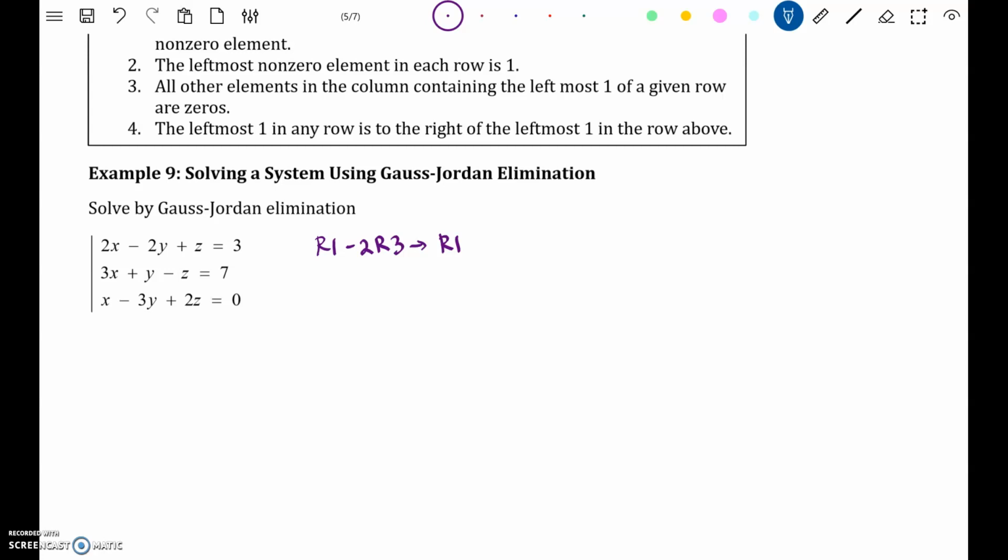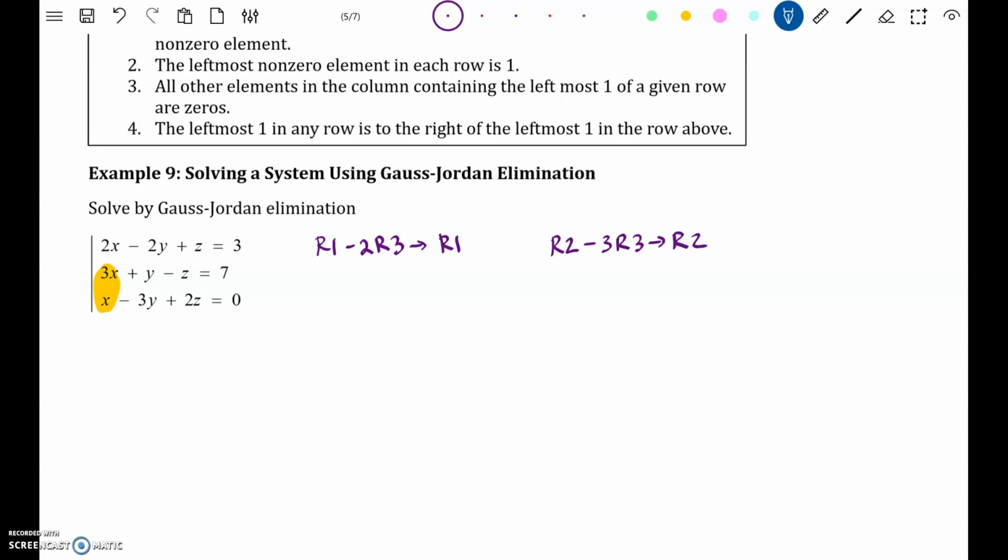And then remember, our goal is going to be to eliminate those x values. So the next thing to do is add row 2 to negative 3 times row 3 and save this result in row 2.